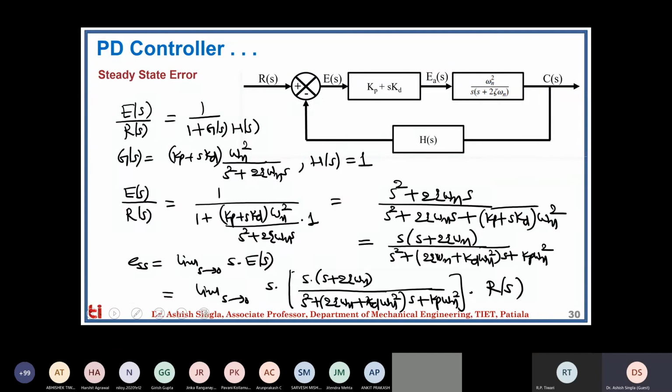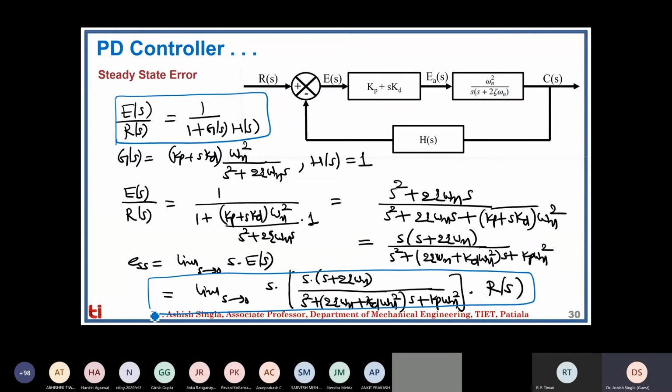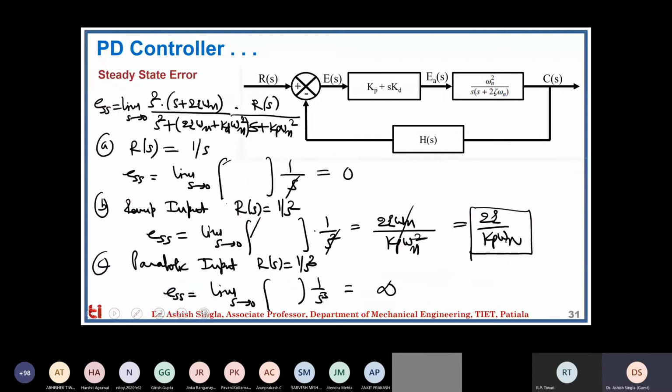So similarly, we can calculate the steady state error using the same concept, and we'll find that the steady state expression will be like this. And if we now calculate using the same concept, the steady state error for the step input is 0.